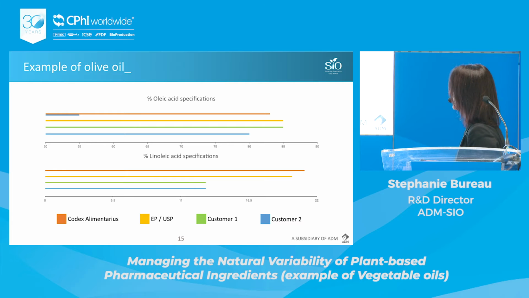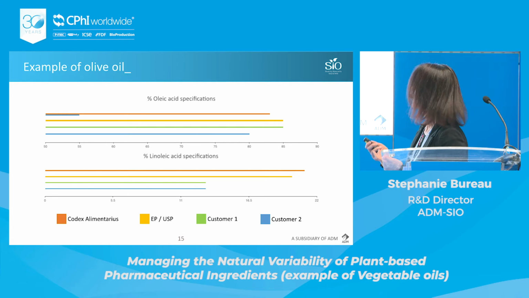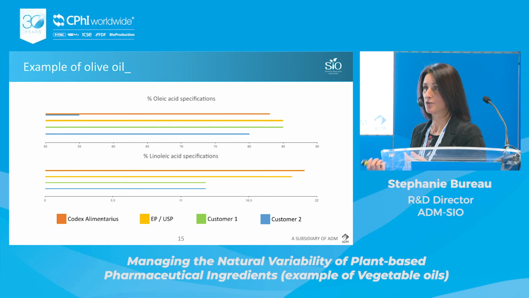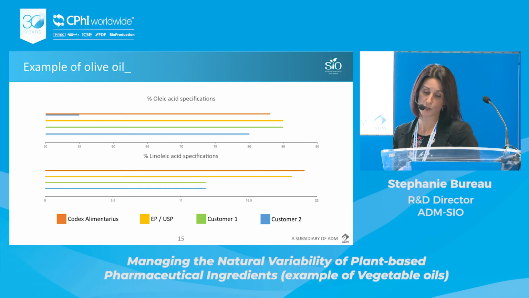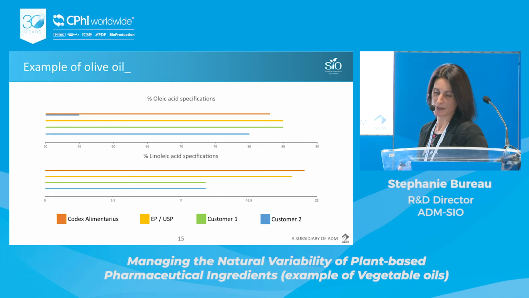And above that, one customer will need a product complying with USP. Meanwhile, another one will need a product with tighter specification, as in the case of customer 2. And things are becoming even more tricky when these specific requirements are combined on several fatty acids. You have here the example of customer 2 that combines specific requirements both on oleic and linoleic acid.